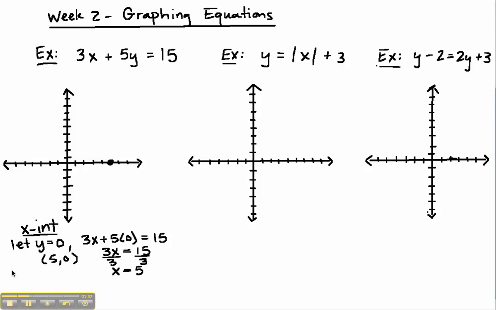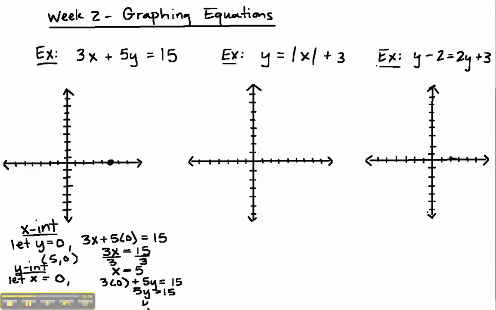Now to graph an equation, we need two ordered pairs. We need 2 points. So we're then going to find the y-intercept by letting x equal 0. When we let x equal 0, that is going to make our x term go away, leaving us with 5y equal 15.